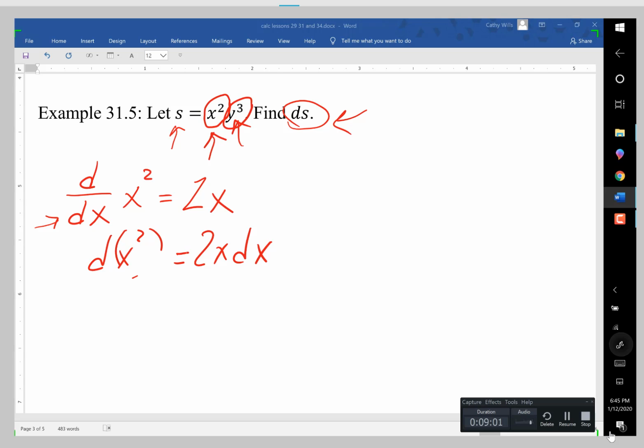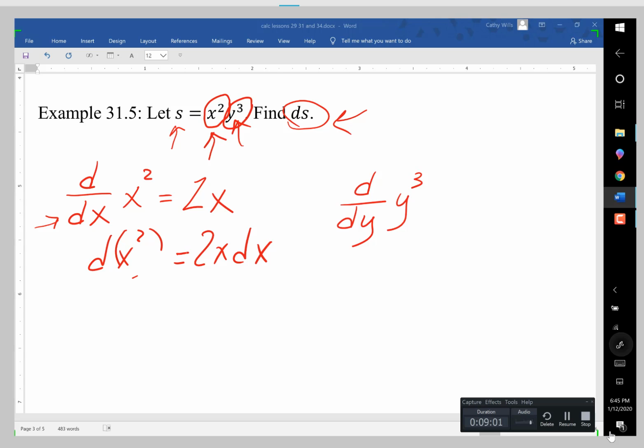Now, the differential of the second function, y cubed, that's d dy of this function. The reason we have dy on the bottom is y's are the things you put into that function, because it's y cubed. You're taking a number and cubing it, and those numbers in this case are called y's.